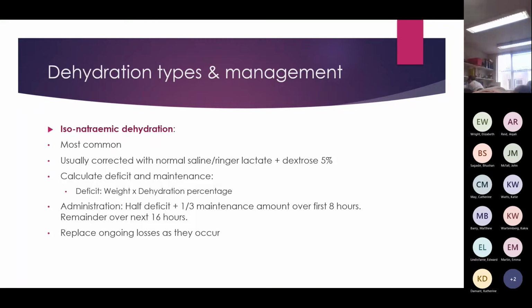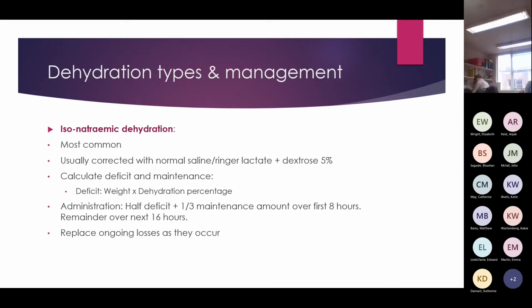And the administration would also be according to the type of the dehydration. If, for example, the patient is severely dehydrated, nearly shocked, the first phase would be rapid restoration of circulatory volume by giving fluid boluses, and then administering the deficit therapy.